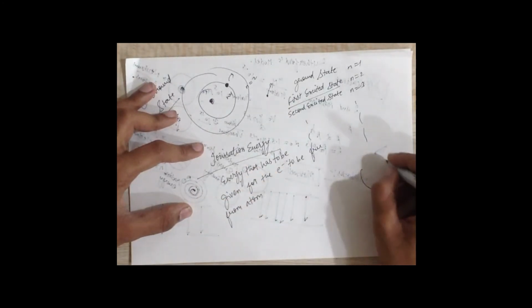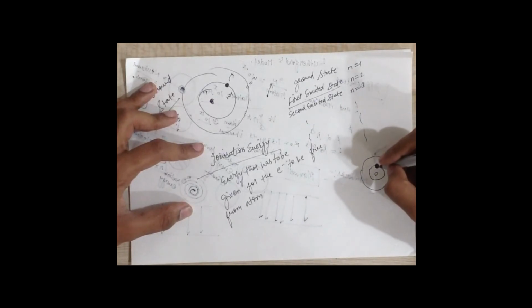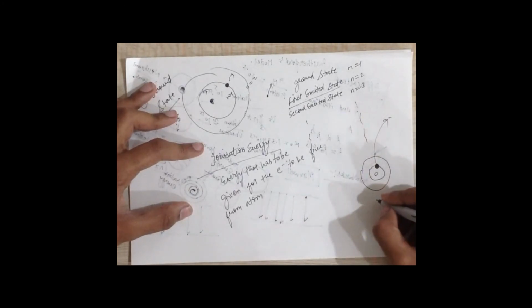If this is an atom and this is an electron from this atom, the amount of energy that I have to give to this electron for it to get free from this atom signifies that n should tend to infinity.